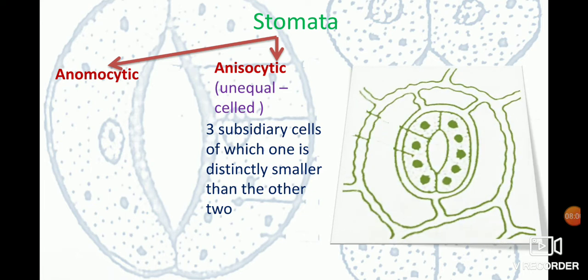So here you can see the guard cells are surrounded by three subsidiary cells, and one of the subsidiary cells is smaller than the other two. This type of stomata is found in the families Cruciferae, Umbelliferae and Solanaceae.